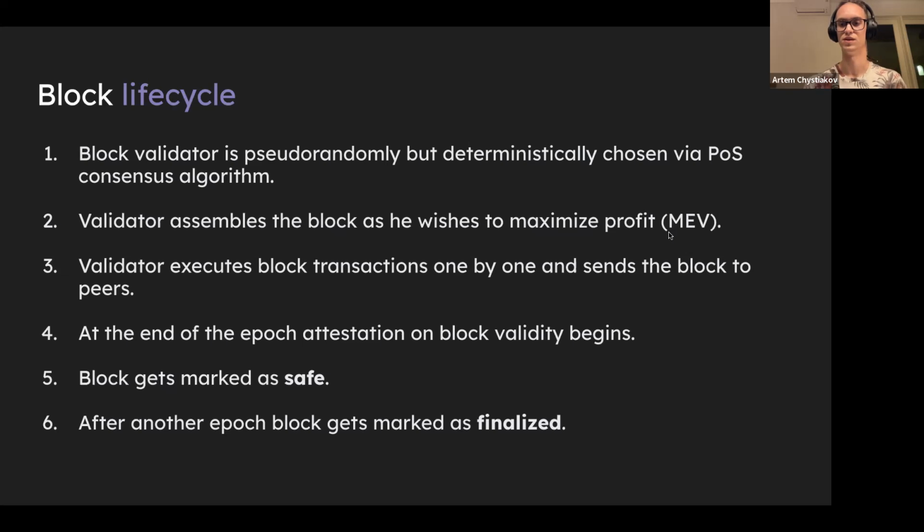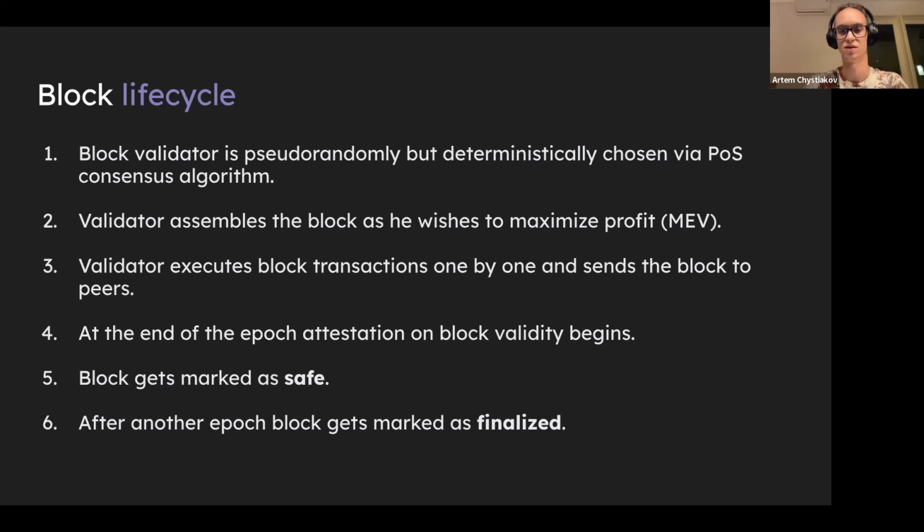And here is the miner extractable value in braces, which is also an add-on to a node. Every node provider or node holder can install the special software, like Flashbots software, which will provide an additional mempool of transactions with certain profit to extract from those transactions.